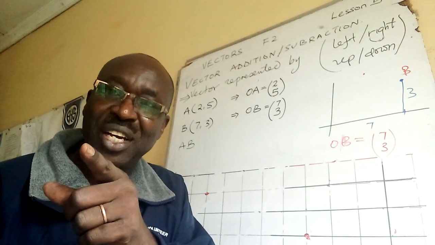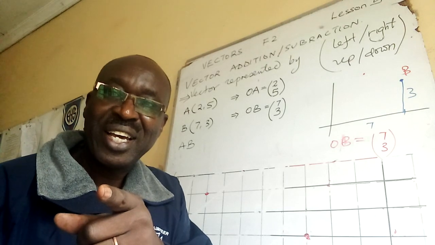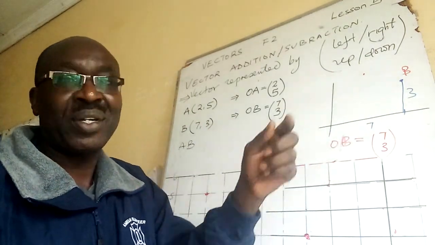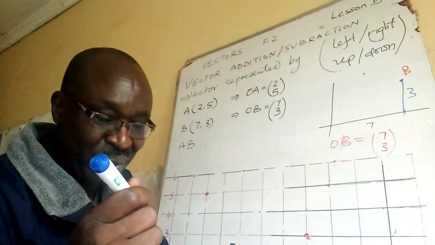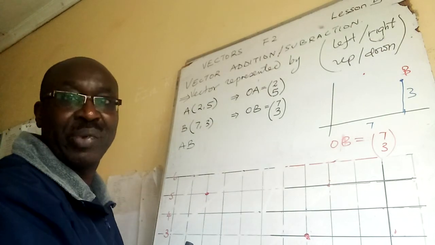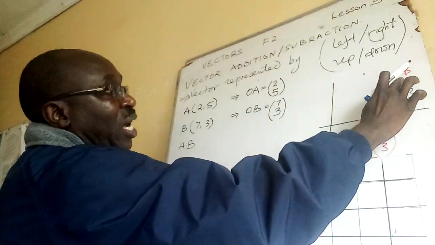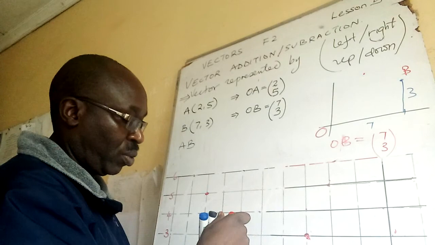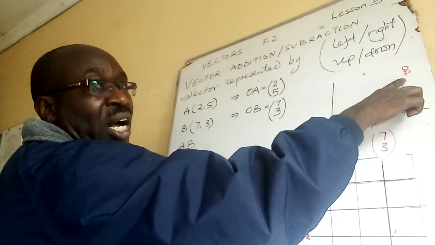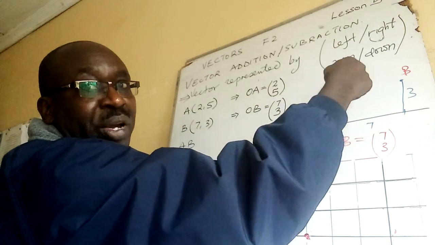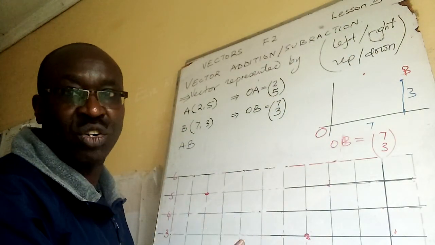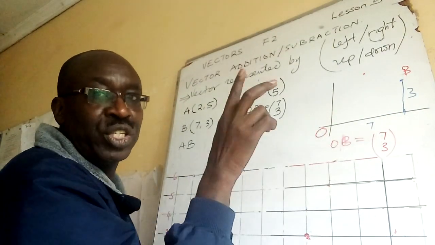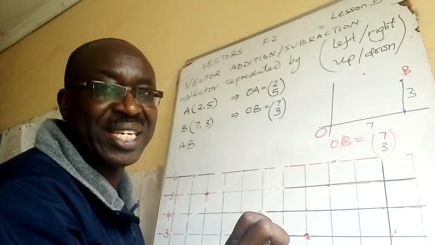Now, I want you to think of moving from B to O. So you are at B and you want to come back to O. If I'm at B, I want to come back to O using two movements. The first movement would be left, right, or stationary.